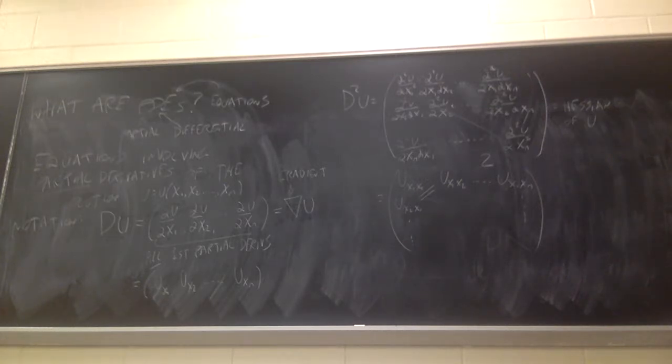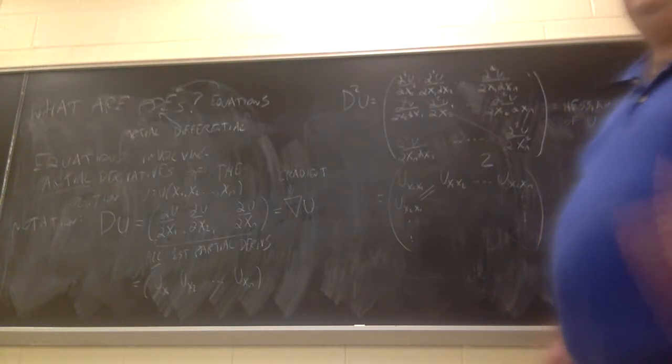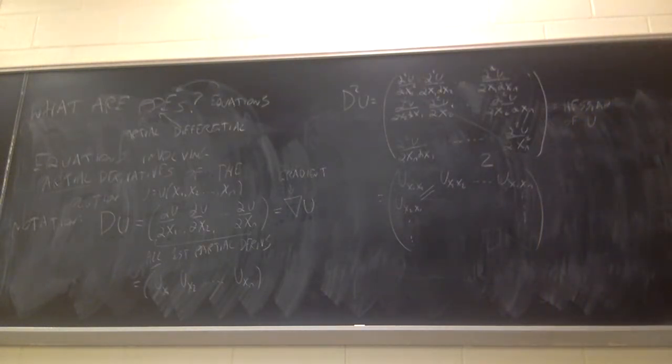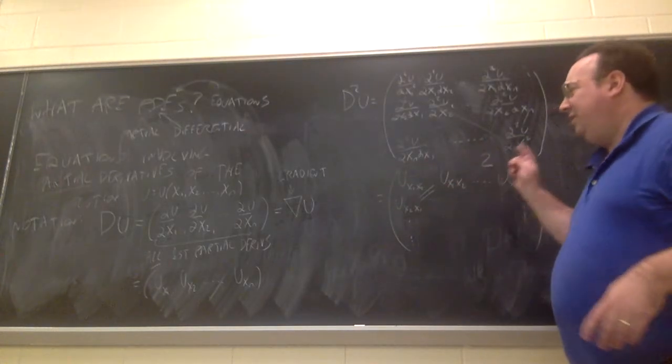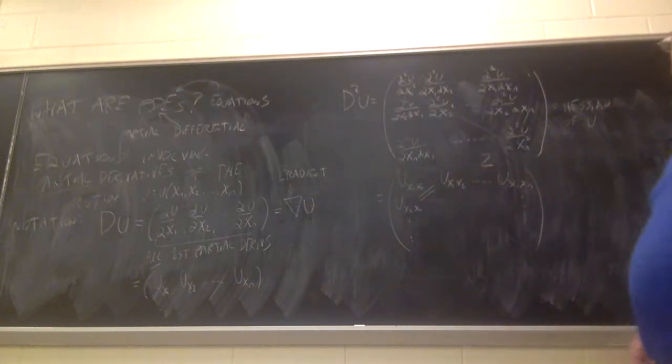Yeah, that would be a three-dimensional array. So for any order derivative, d to the k of u, that is a k-dimensional array. Those kinds of arrays of however many dimensions, people call tensors. Technically, vectors and matrices are tensors also, but everybody calls them vectors and matrices because that's better understood. So that would be really obnoxious to try to write on the board, so I'm not going to do it.